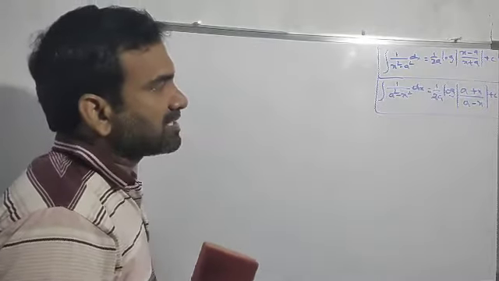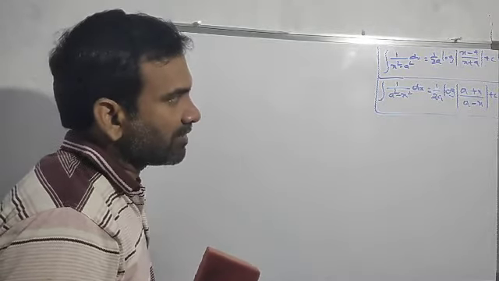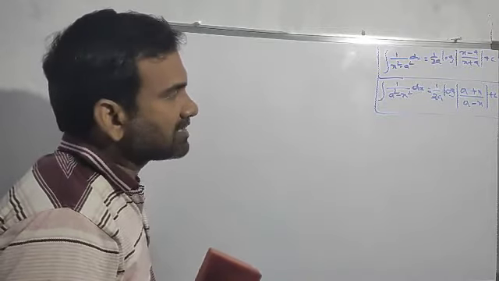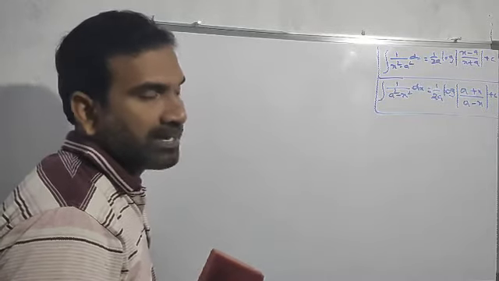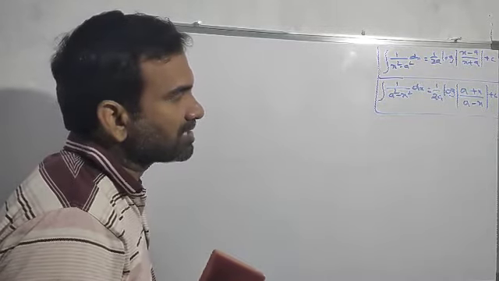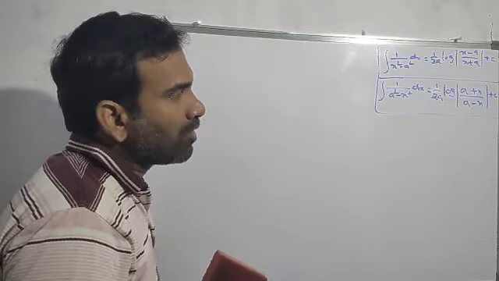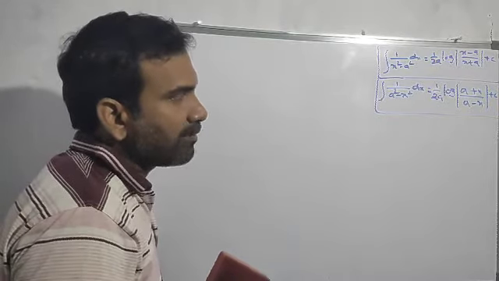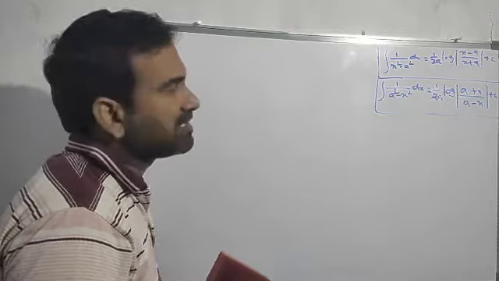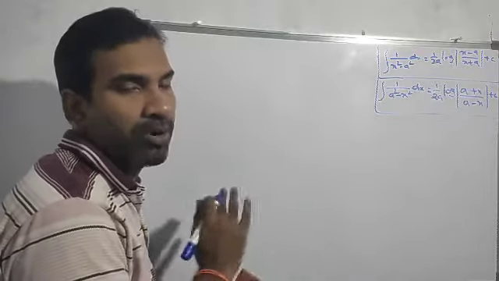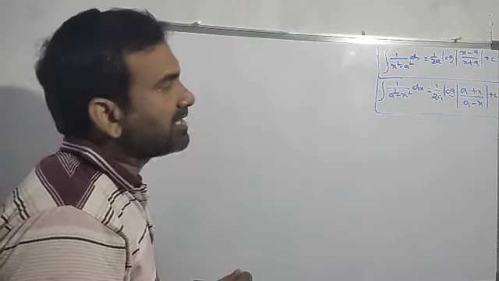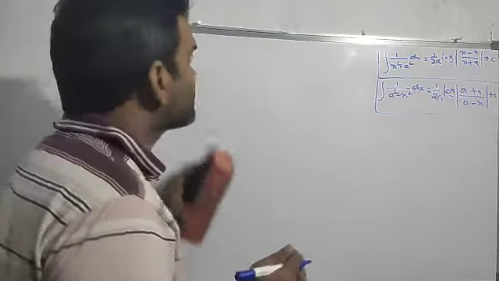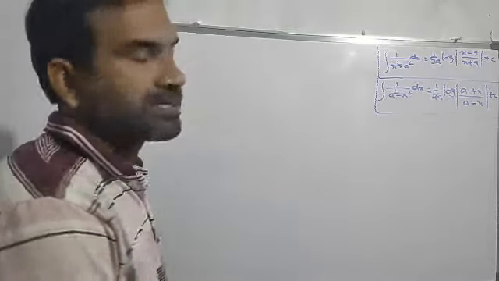So a square minus x square, integration of 1 by (a square minus x square) into dx equal to 1 by 2a log of (a plus x) by (a minus x) plus c. This is the other formula. Same method; you can easily derive it, and we have to apply this in related problems.